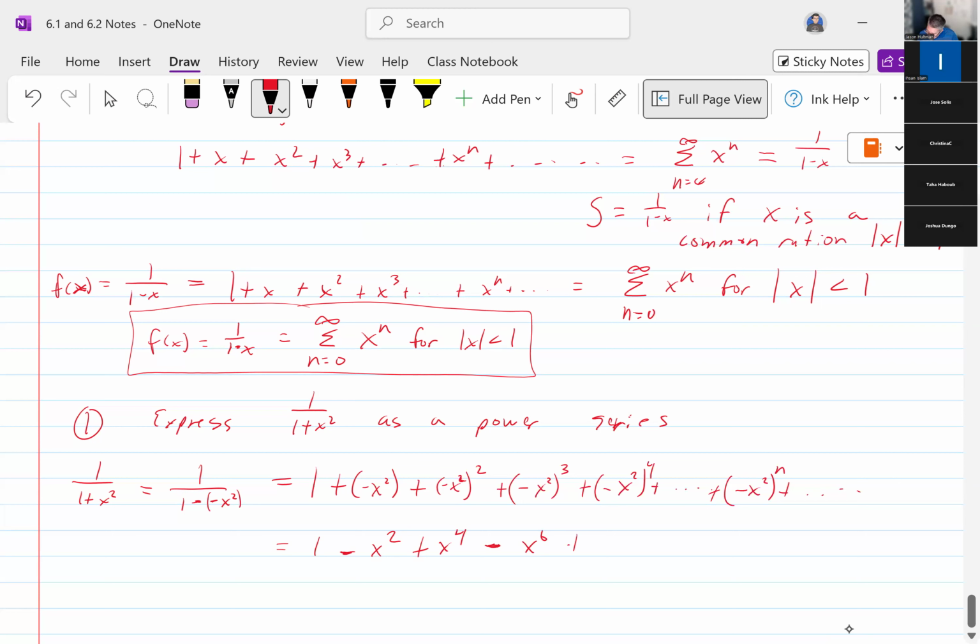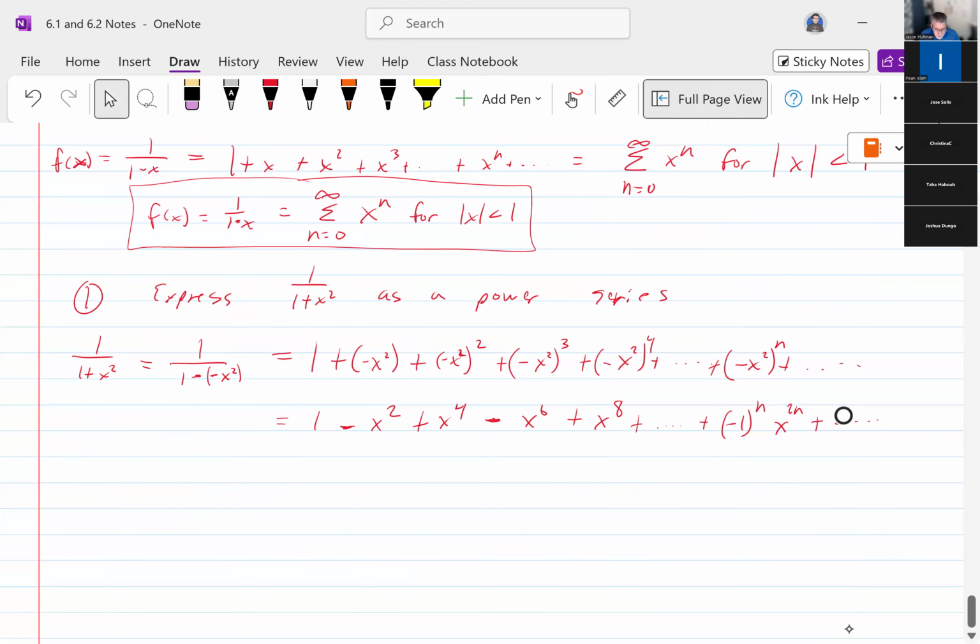This is plus x to the eighth plus dot dot dot plus negative 1 to the nth power times x to the 2nth power plus dot dot dot.